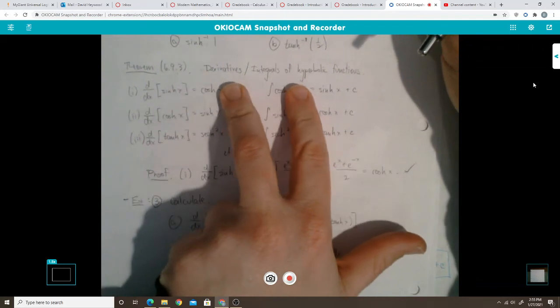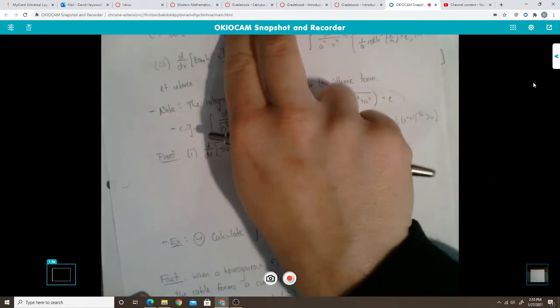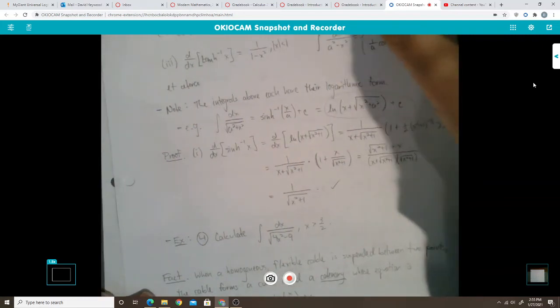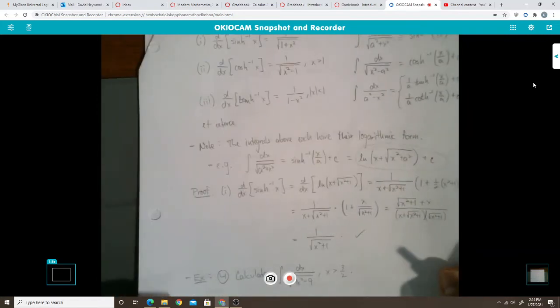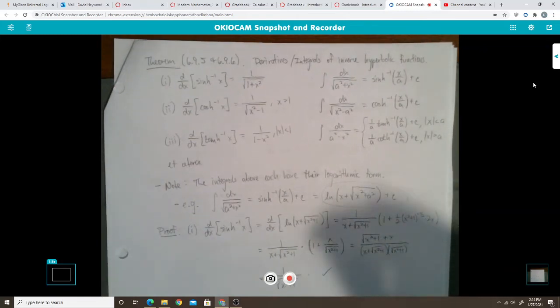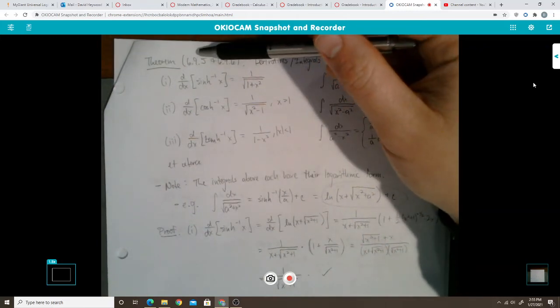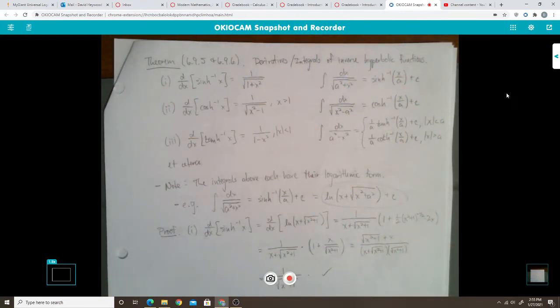So, all right. We've talked about hyperbolic functions. We've talked about inverse hyperbolic functions. We've talked about derivatives and integrals of hyperbolic functions. Now, let's talk about derivatives and integrals of inverse hyperbolic functions. Your book splits this up into two separate theorems, Theorem 6.9.5 and Theorem 6.9.6.